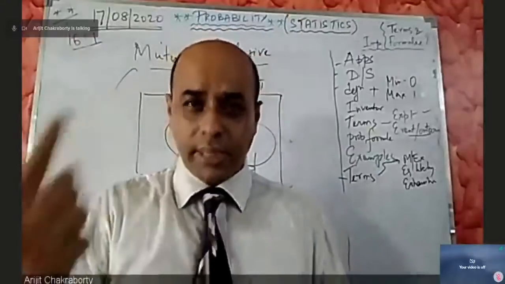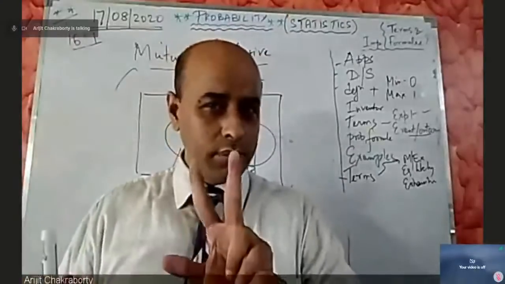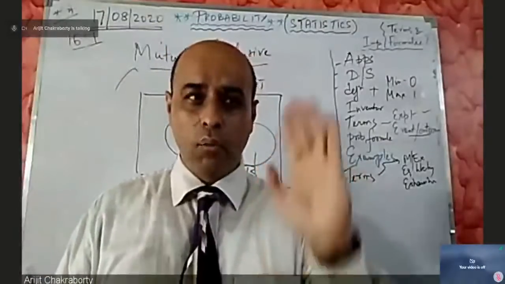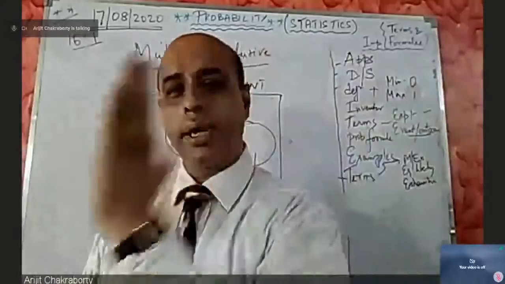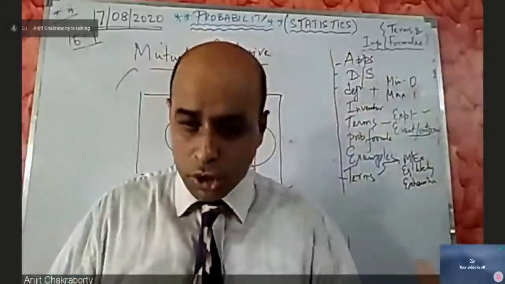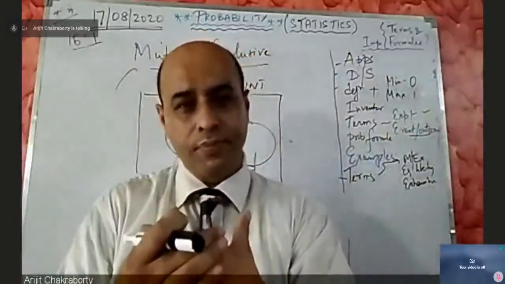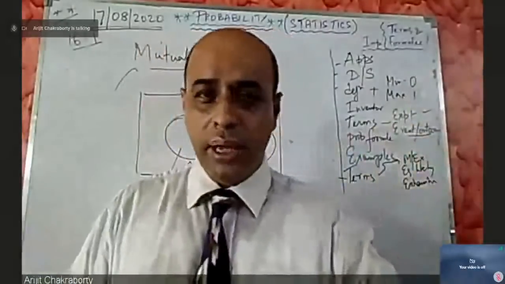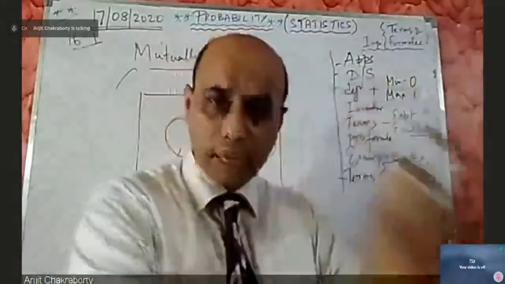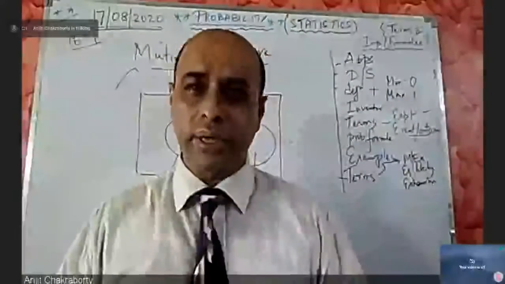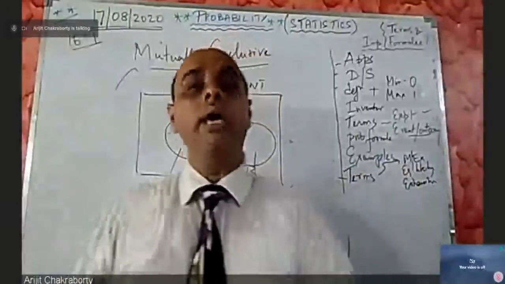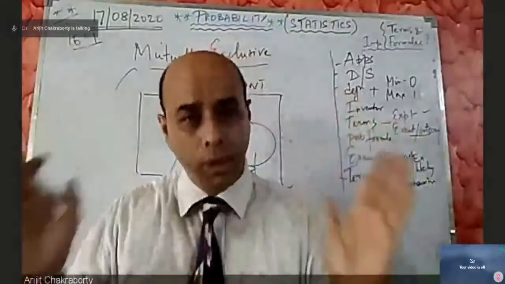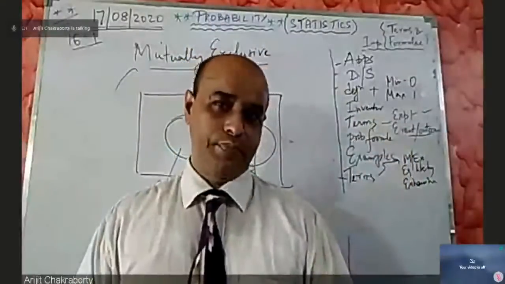Now, if I buy a ticket, going for a movie is an experiment. I have two outcomes. Watching an English movie, watching a Hindi movie. I cannot watch both together. It's not possible. So if I go in and join the English movie, that means occurring of the English movie means non-occurrence of the Hindi movie. I cannot watch Hindi movie at the same time. So they are mutually exclusive or incompatible.